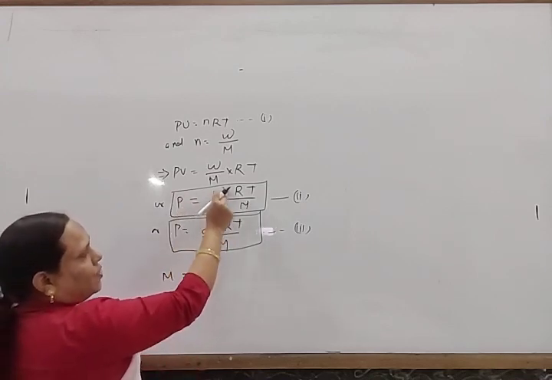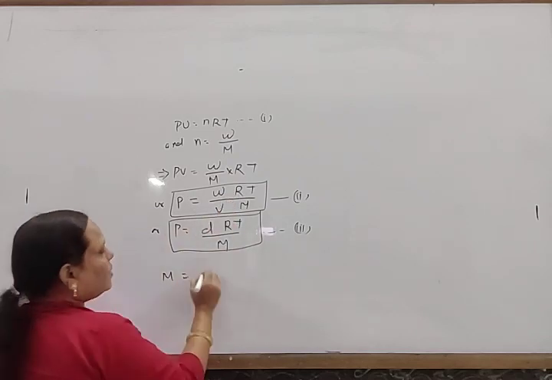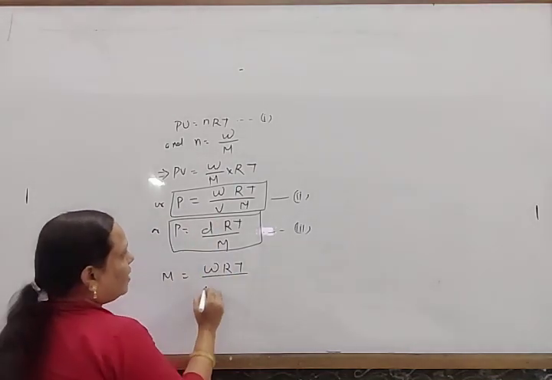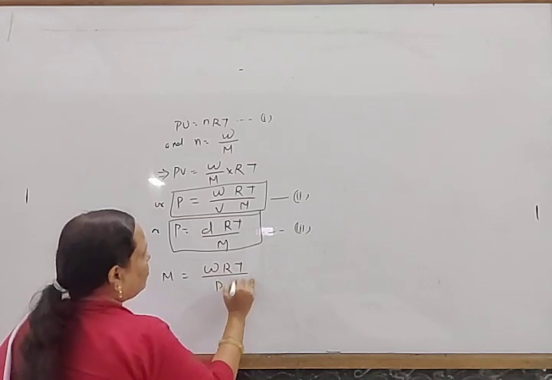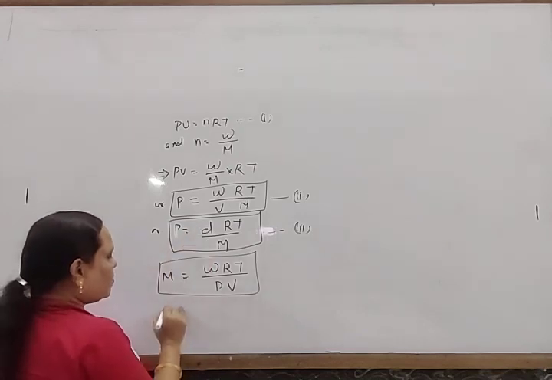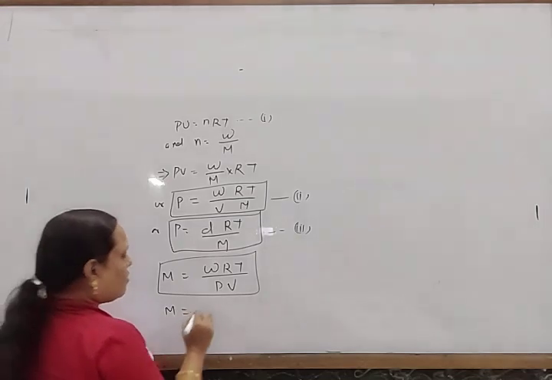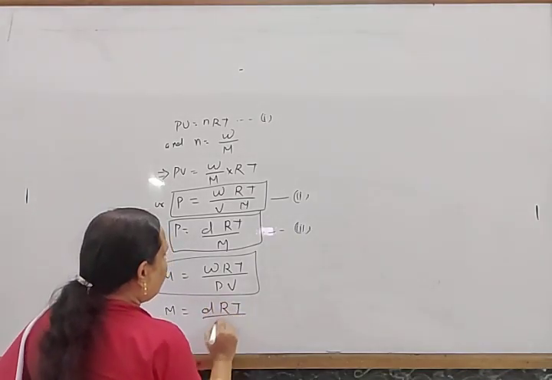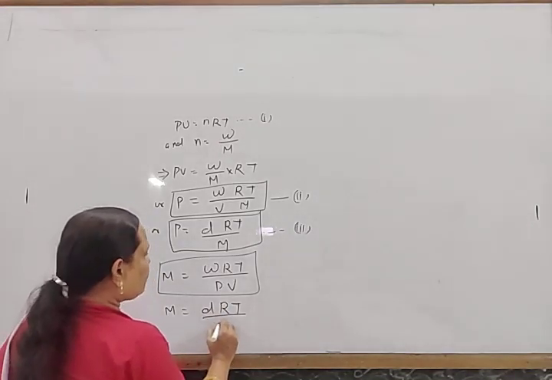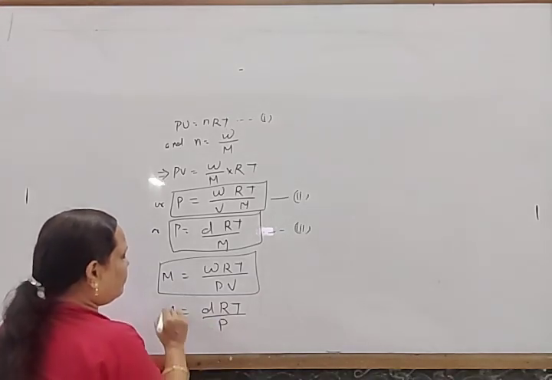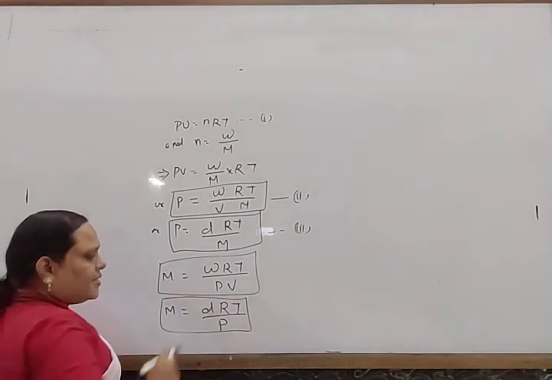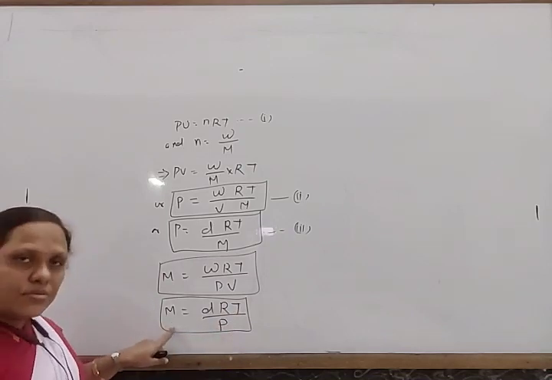If the pressure, weight and volume are given, we can find the molecular mass as WRT by PV. Or if the density is given, molecular mass is equal to dRT by P. If density, temperature and pressure are given, you can find the molecular mass.